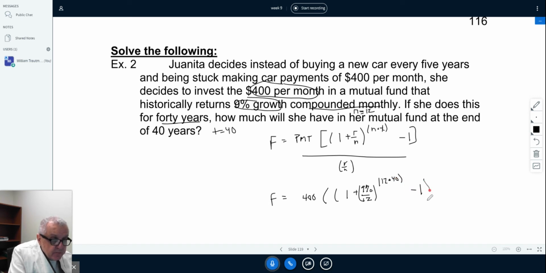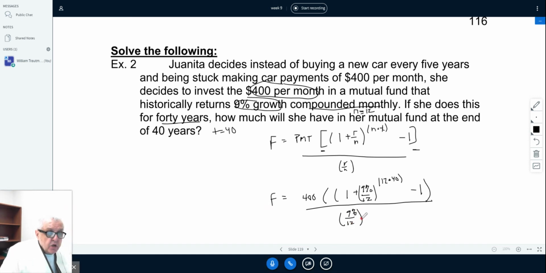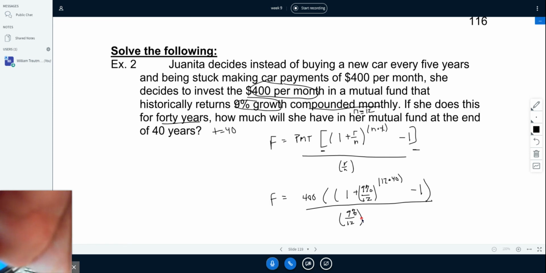Since my calculator doesn't do brackets, I use another set of parentheses. All this is divided by R, which is 9%, divided by N, which is 12. This is not easy to type in. You have to type it in exactly as you see it that I wrote here, with the parentheses and everything.